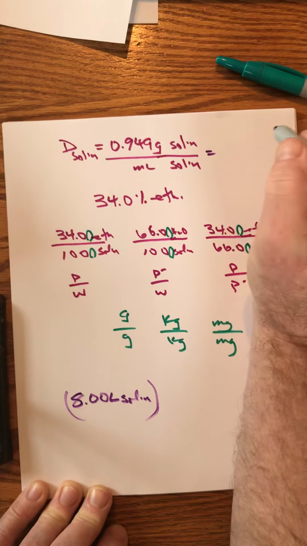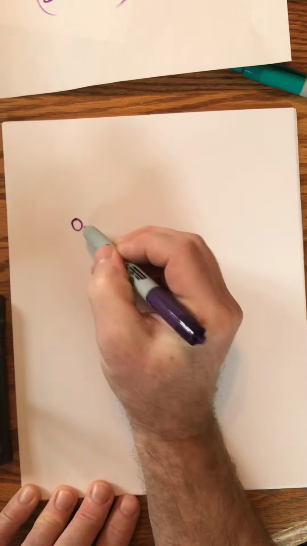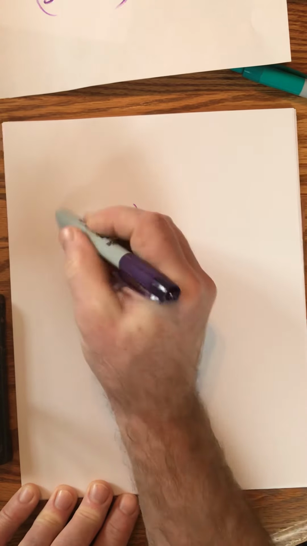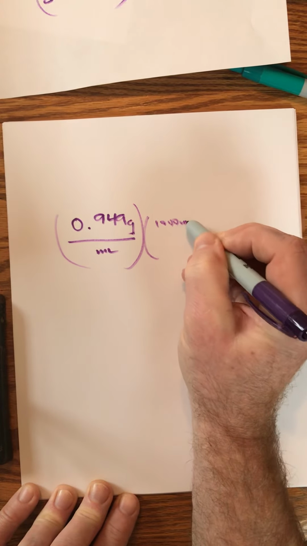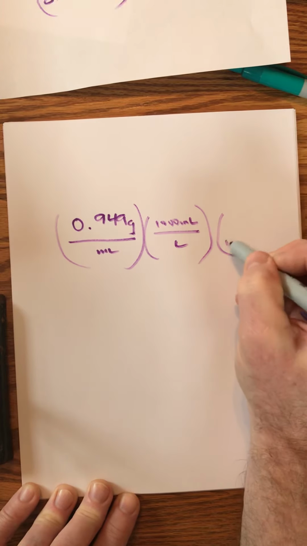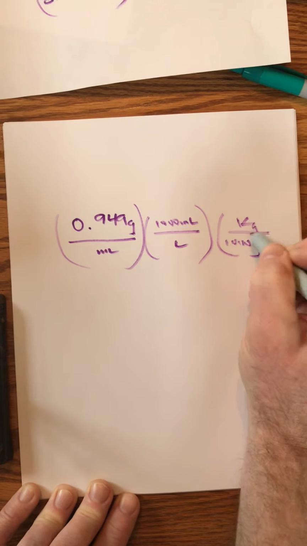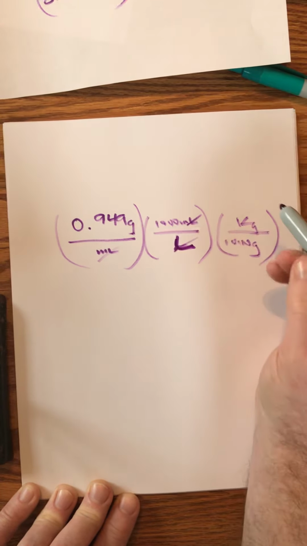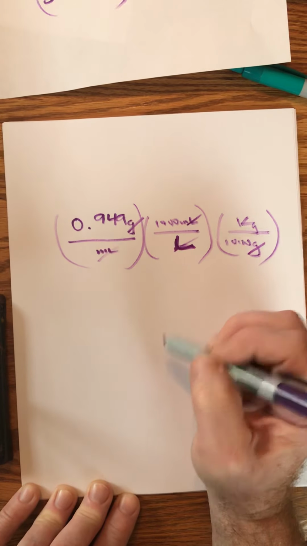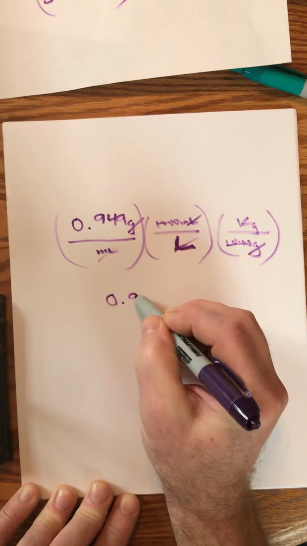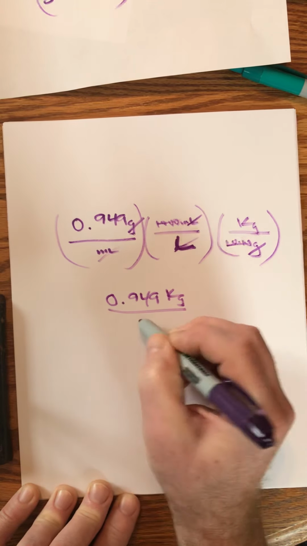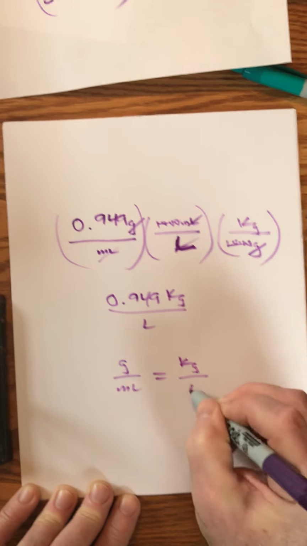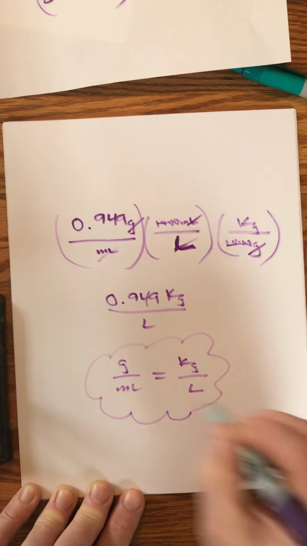If I've got 0.949 grams per milliliter, and there are 1,000 milliliters in a liter, and there are 1,000 grams in a kilogram, well, the mils are gone, the liters stay, the grams are gone, the thousands are gone. I get 0.949 kilograms per liter. So a gram per milliliter is the same thing as a kilogram per liter. That can save you a couple steps in your dimensional analysis.